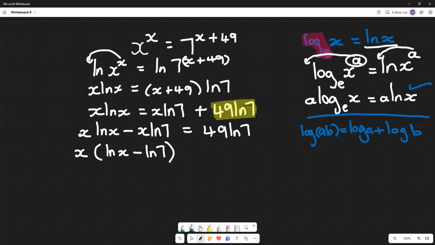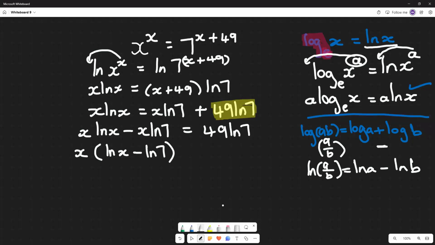If A was divided by B, this side we are going to have log A, and here is going to be minus log B. And this applies with ln. Remember, ln is just a log with base e. So basically ln of A over B is the same as ln A minus ln B. If it was a multiplication here, you're just going to have a plus there.